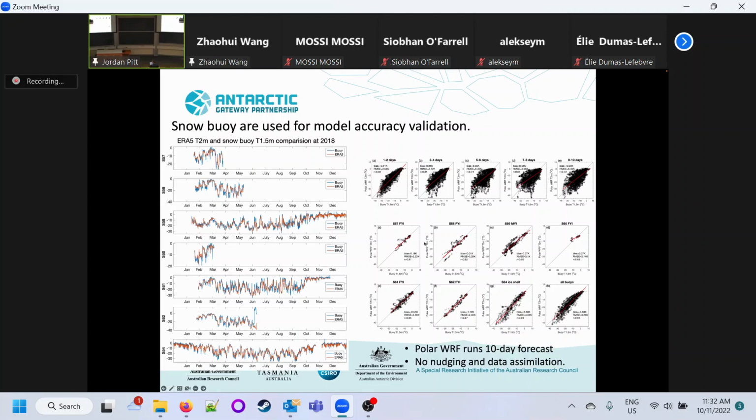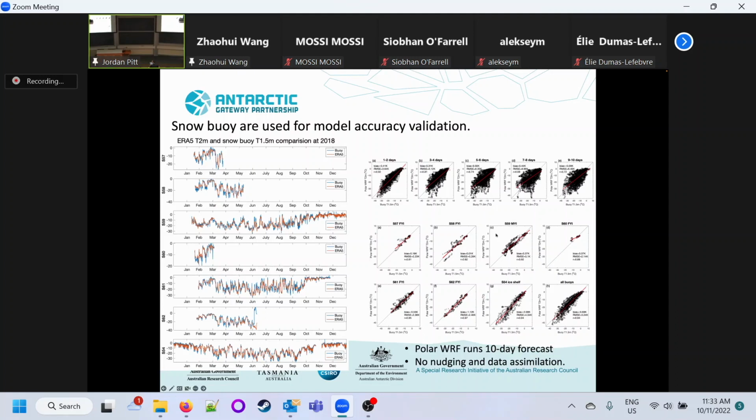We also did an individual test for each buoy site, and we found the buoys have a very good correlation with the Polar-WRF simulated 2-meter temperature, except at the buoy site on the ice shelf. But in this research we are mainly interested in the CS region.